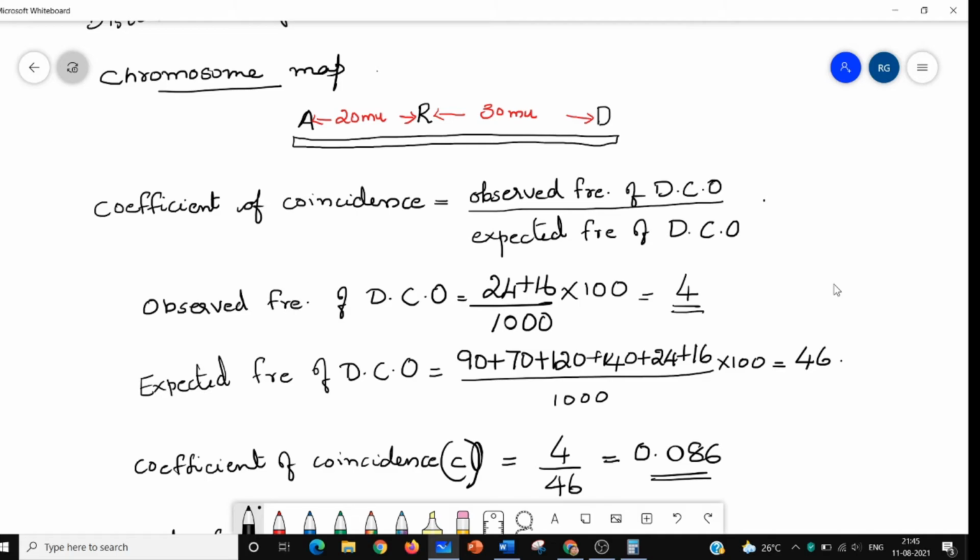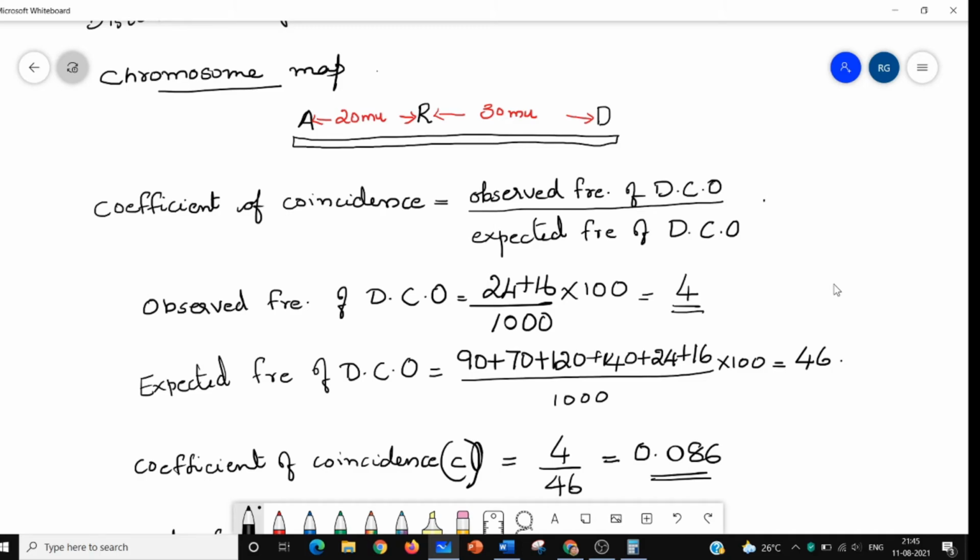Similarly, we find out the expected frequency of double crossovers, where as you can see the numbers 90 and 70 are single crossover recombinants at region 1. 120 and 140 are single crossover recombinants at region 2. And 24 and 16 are the double crossovers.